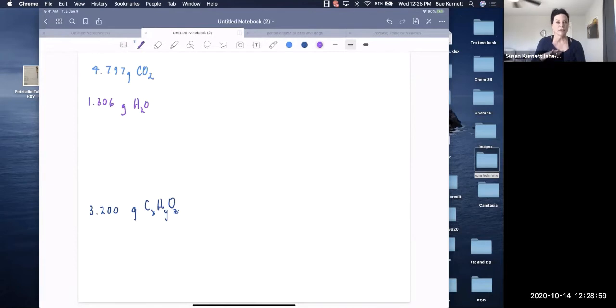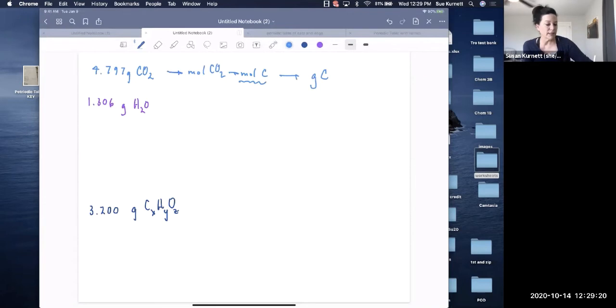So I'm going to do 2 things on one set of train tracks. On the set of train tracks for carbon dioxide, I'm going to go from grams of carbon dioxide to moles of carbon dioxide to moles of carbon. See what that number is. And then I'm going to continue on to grams of carbon so I can subtract the grams of carbon from the sample.